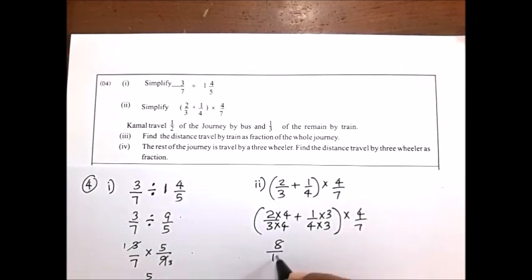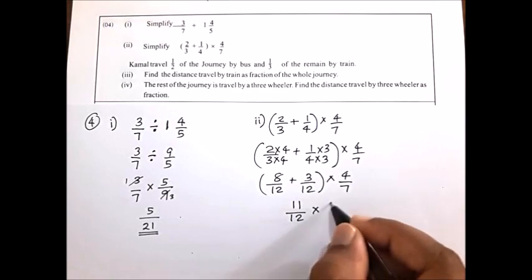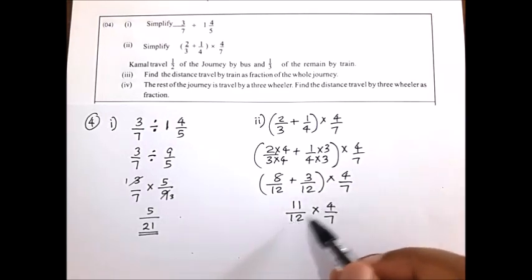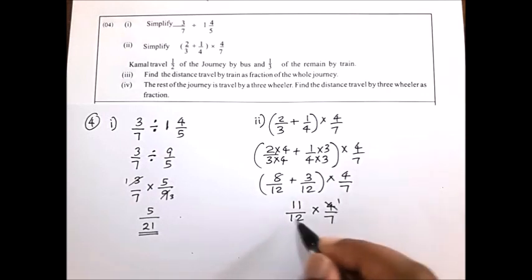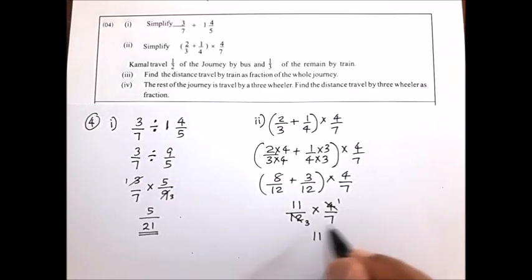Here 8 over 12, here 3 over 12. 8 plus 3, 11. 11 over 12, multiplied by 4 over 7. Cancel 4 and 12. Here 1 and here 3. 11 multiplied by 1, 11. 3 multiplied by 7, 21.